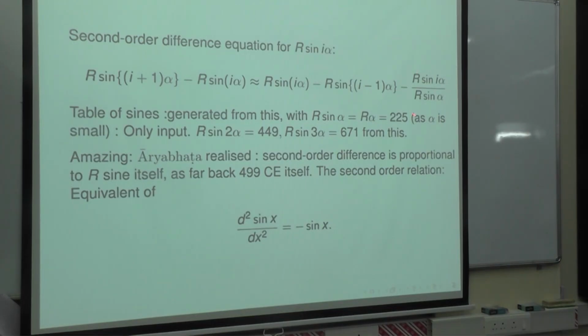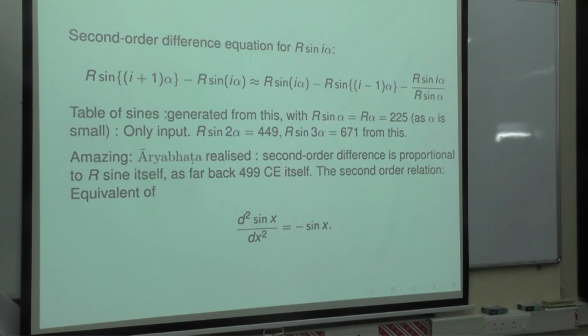This is the formula he gives, and tables of sines are generated from it, with r sin alpha equal to r alpha, because for extremely small arcs the arc and the perpendicular distance are essentially equal. So that is 225 minutes, the only input, and then you can get all these values.